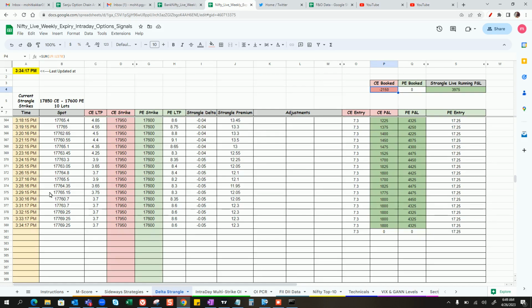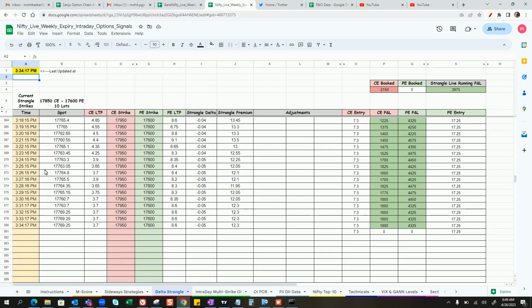So this is around 3:25 to 3:30 that you can evaluate to exit intraday positions. If you add these up and subtract the booked loss, you book around a profit of 4000 in the automated strangles. Here at the top, you'll also keep seeing when the sheet was last updated.